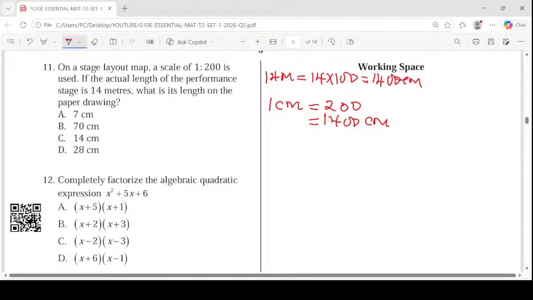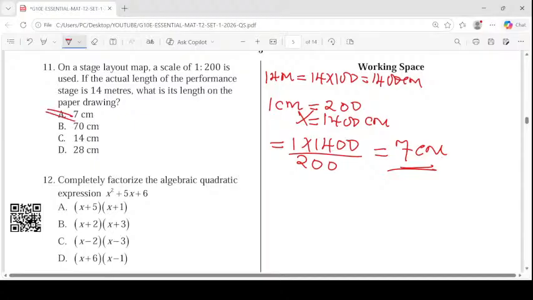What does it represent on a piece of paper? Then you cross multiply. This will be 1 multiplied by 1400 divided by 200. This exactly becomes equivalent to 7 centimeters, which is A for apple. A for apple for question number 11.